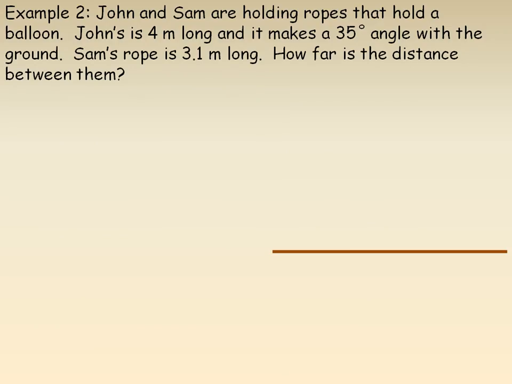Flipping over to the second page, we're given a problem here. We're told that John and Sam are holding ropes that hold a balloon. So there's the balloon. Here's John's rope, and we'll call that corner of the triangle J. We're told that his rope makes a 35-degree angle with the ground.